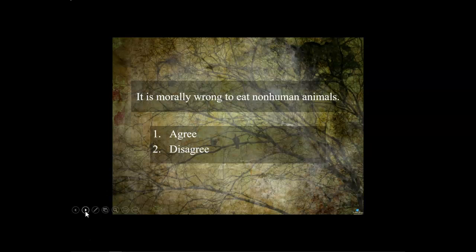People have convictions in this field from one direction or another, and you saw what Singer had to say about this. At the end of the day, it's not something that we can point to some higher standard and say, this proves that you ought to be a vegan or a vegetarian, or this proves that we ought to be omnivores and eat both meat and vegetable matter. So it's very much a contested area.